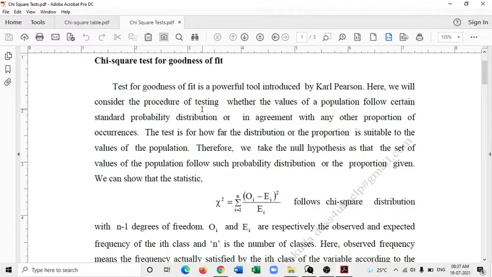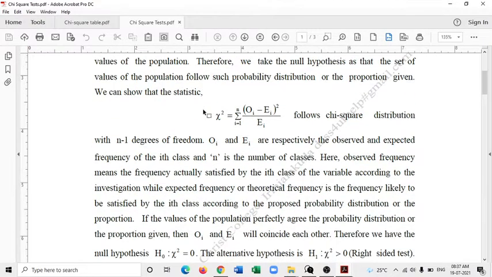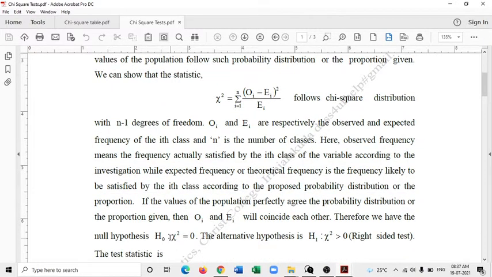Therefore, we set the null hypothesis as H0: chi-square equal to 0. Now, if this chi-square is not 0, we are still ready to accept that the population follows such a distribution or the proportion is valid. So we have to get a limit within which we can accept the hypothesis, and this is done using the tables of the chi-square distribution.